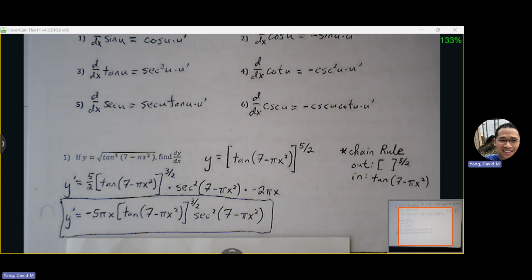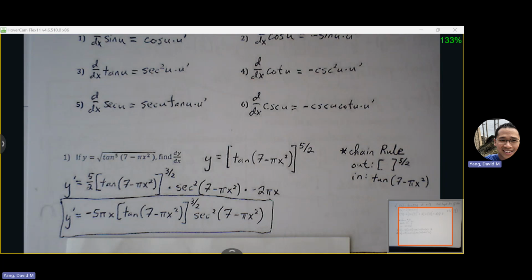Okay, first, we set up a set of brackets, identify that outside inside portion that we need for chain rule. Power rule for the outside portion. Tangent u becomes secant squared u times u prime.